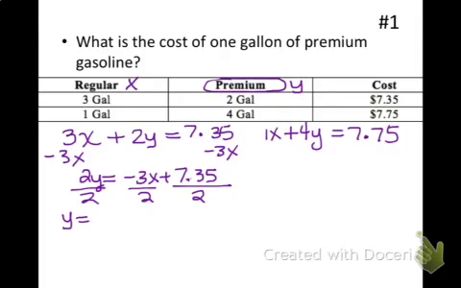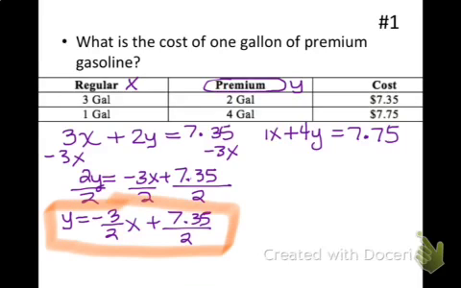So you get Y is equal to negative, well, no, I'll leave it in fraction form. You can put it in decimals if you like. So that's my first one. And I'm going to solve my second one, which is a lot easier.